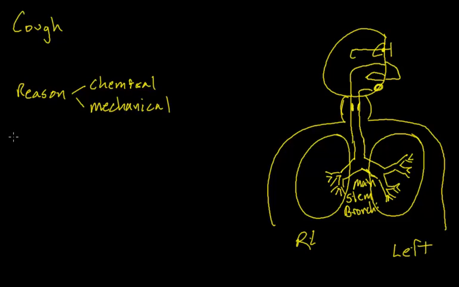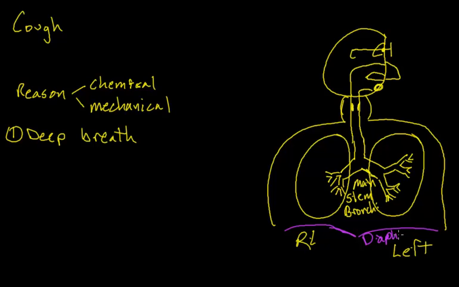And your first step, really, is you take a deep breath. And this is an important piece for a couple of reasons. One of which is that you have to get air into your lungs. And there are a couple of things that are going on. You have these big muscles just below the lungs. This is the diaphragm, and it contracts when you take a deep breath.